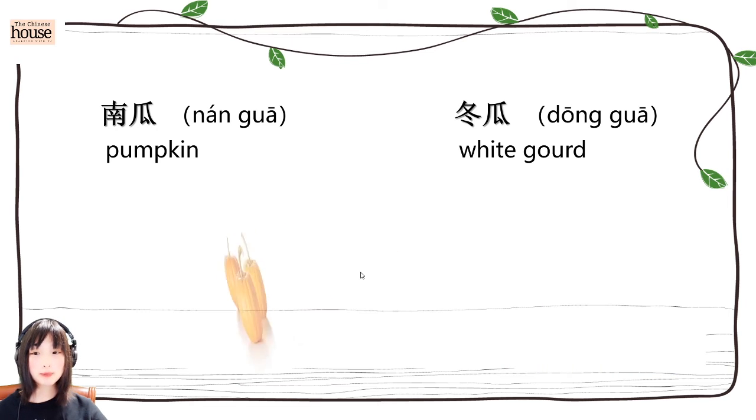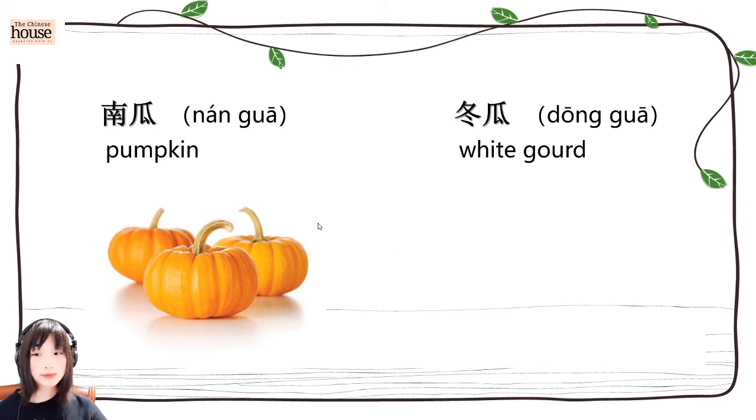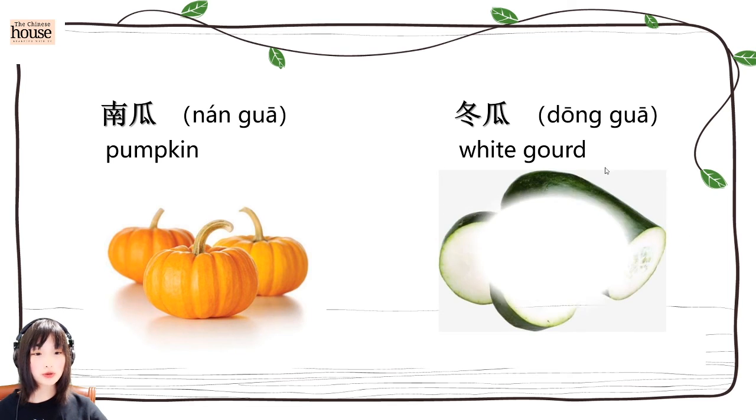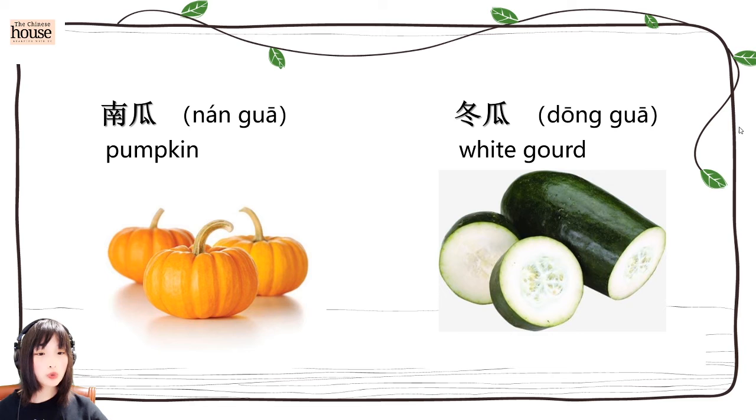And then pumpkin, 南瓜, 南 second tone, 南瓜. White gourd, 冬瓜, 冬 first tone, 瓜 first tone, 冬瓜.